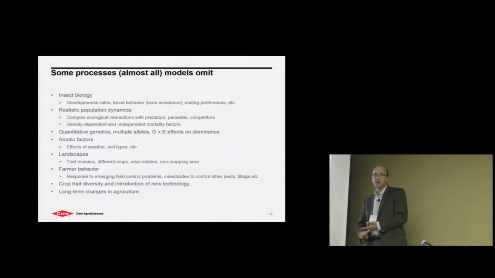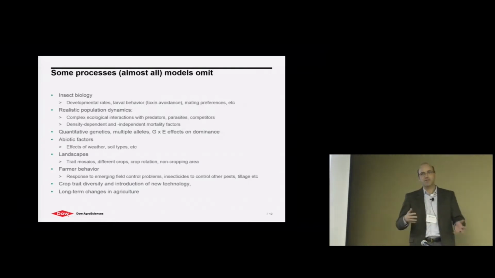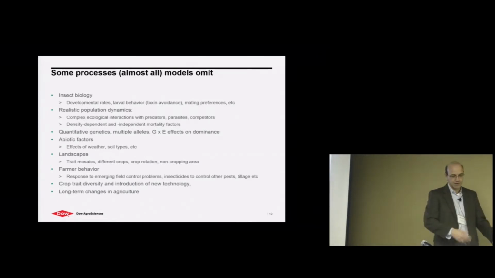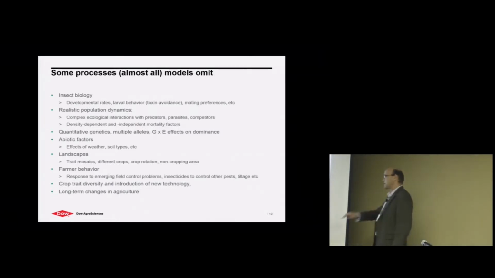Tillage is a big question. What effect does tillage have on insect populations, and how has the adoption of herbicide-tolerant crops reduced tillage, which may allow more insects to survive, and if those insects are in the refuge or in the Bt, and we don't tackle these things.